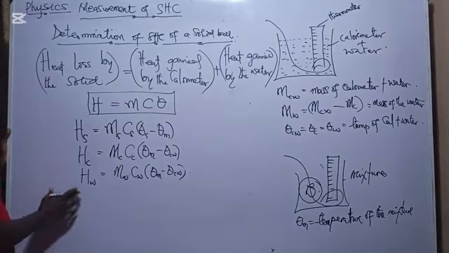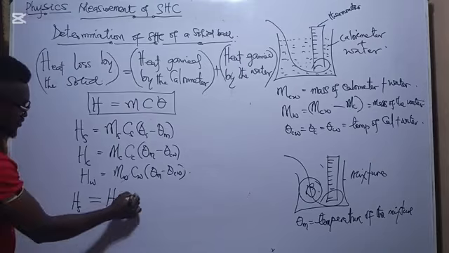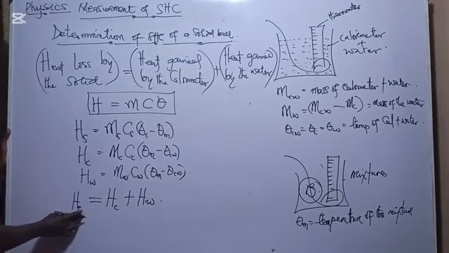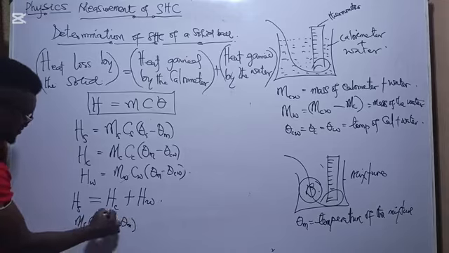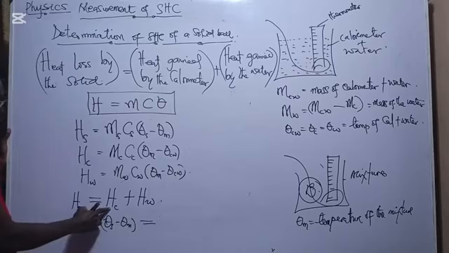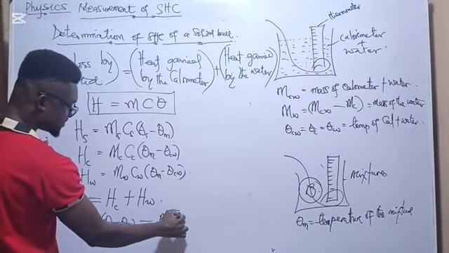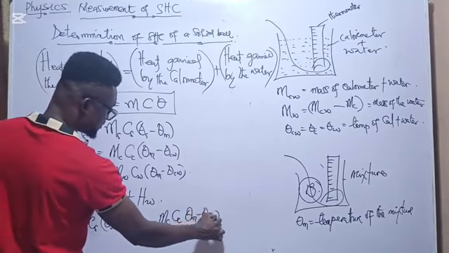quantities. Now we say the heat loss by the solid is equal to the heat gained by the calorimeter plus the heat gained by the water. So if we do the substitution, we are going to have the mass of the solid, the specific heat capacity of the solid, the temperature difference of the solid, which will be equal to the mass of the calorimeter, the specific heat capacity of the calorimeter, the temperature difference of the calorimeter.